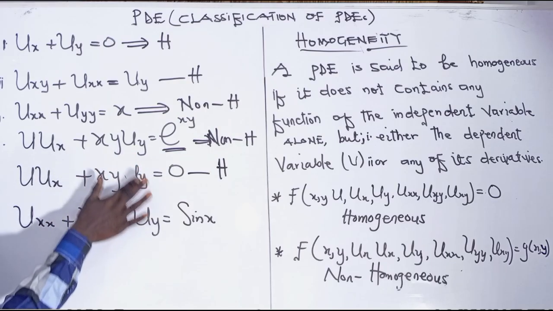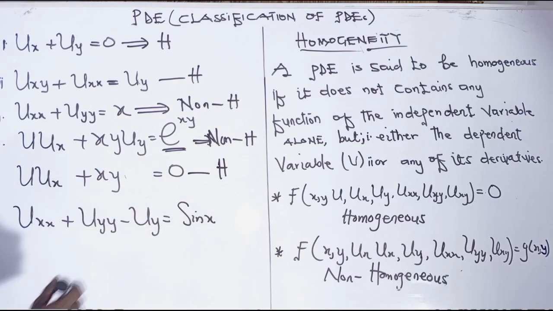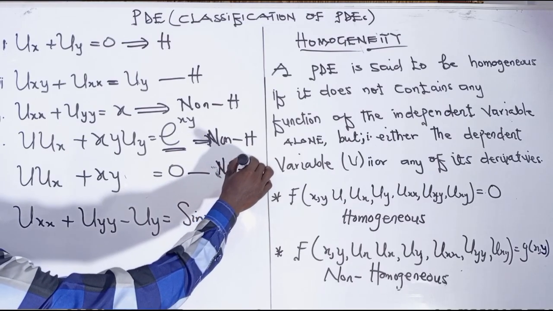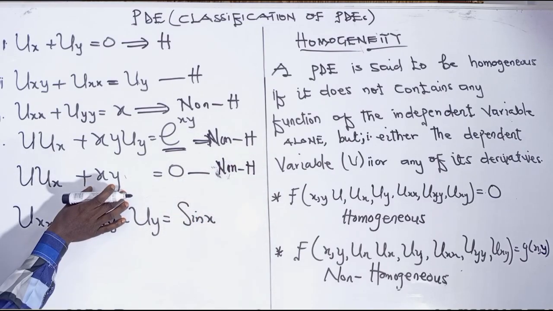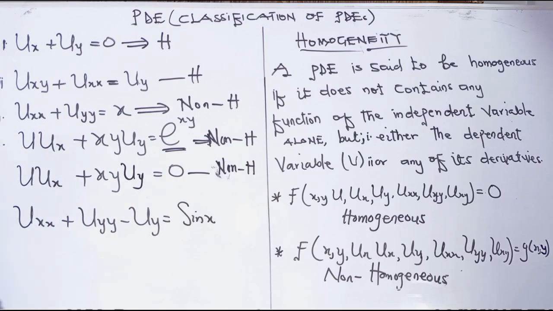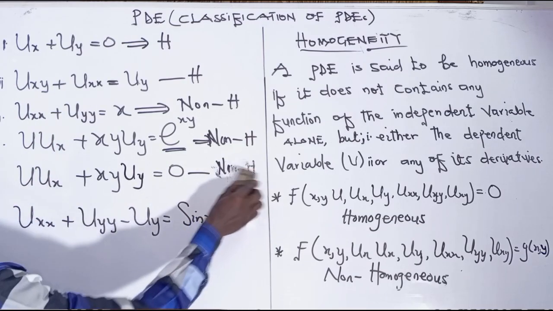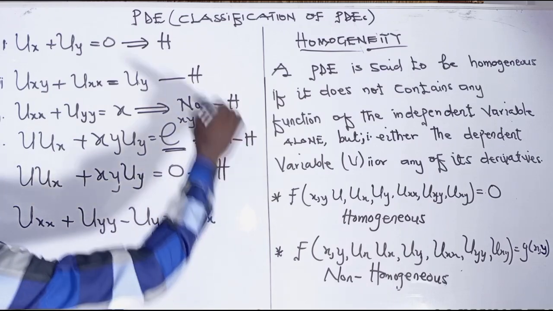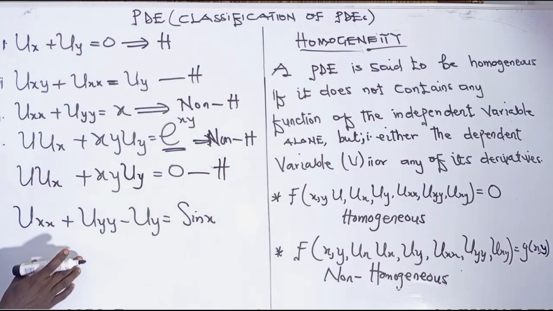If it was to be like this, then it would have become non-homogeneous. But because this is attached to the partial derivative with respect to y, it becomes homogeneous. Just take note of the difference.